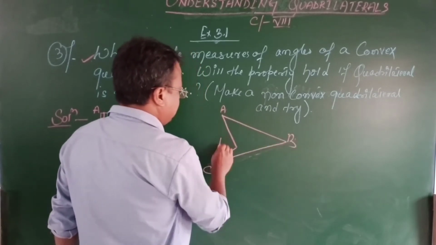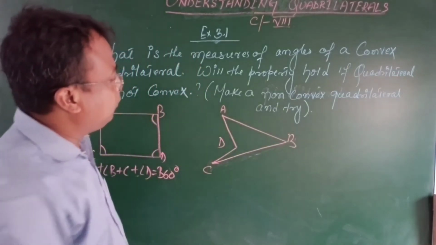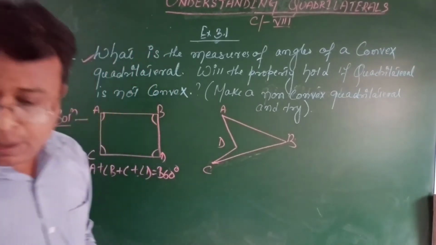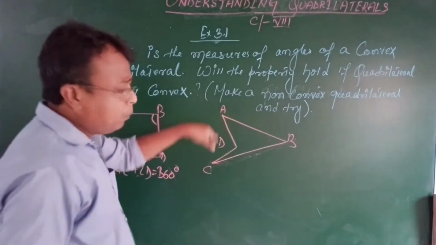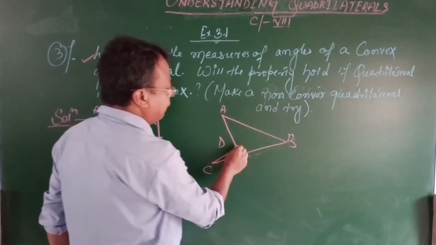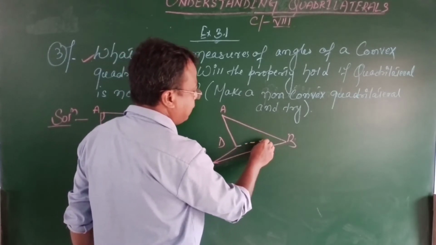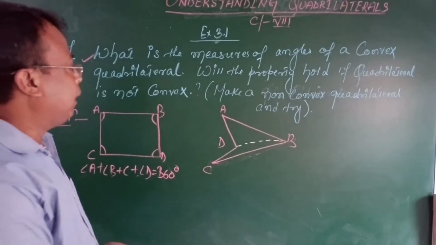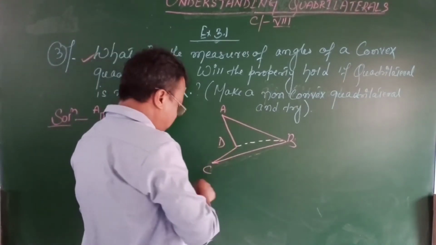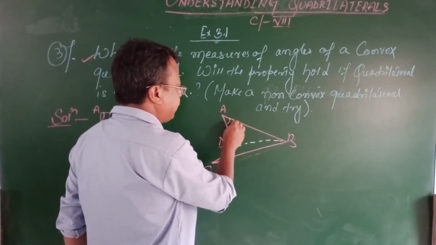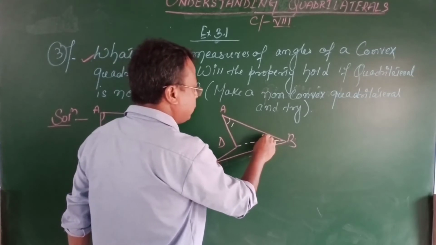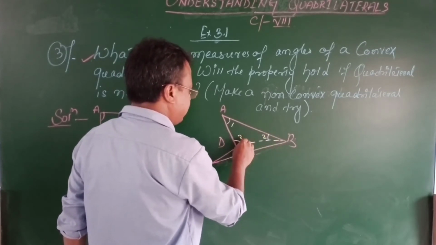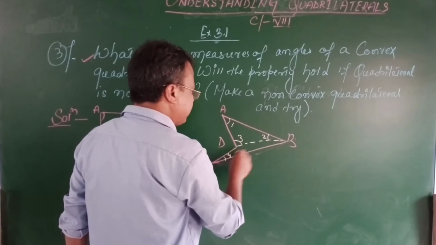A, B, C, D. So for checking, what you have to do is divide this concave quadrilateral into two parts. Correct? Understood? Now suppose the name of this angle is 1. This is 2. This is 3. This is 4.